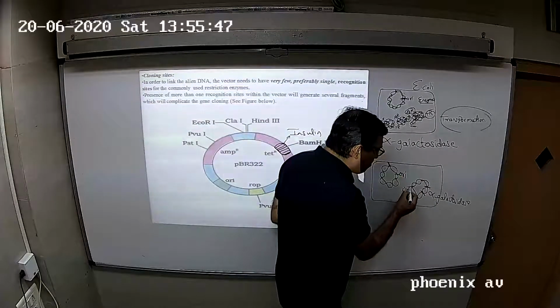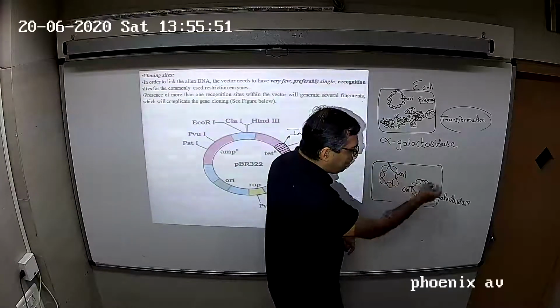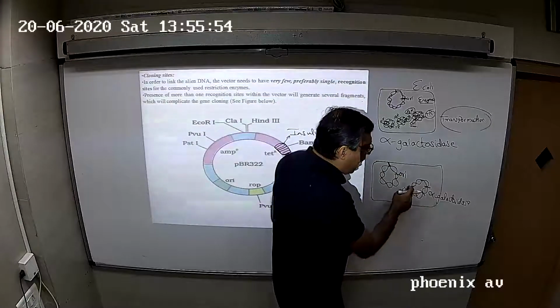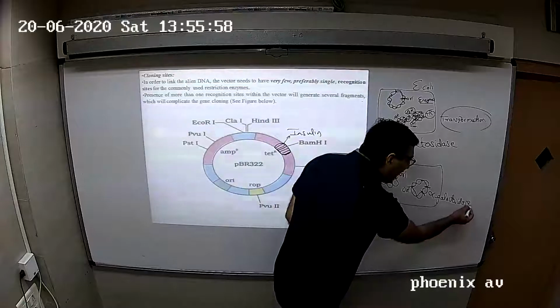the plasmid match each other, which means the plasmid replicates along with the bacterial DNA, then the alpha galactosidase gene will produce alpha galactosidase.